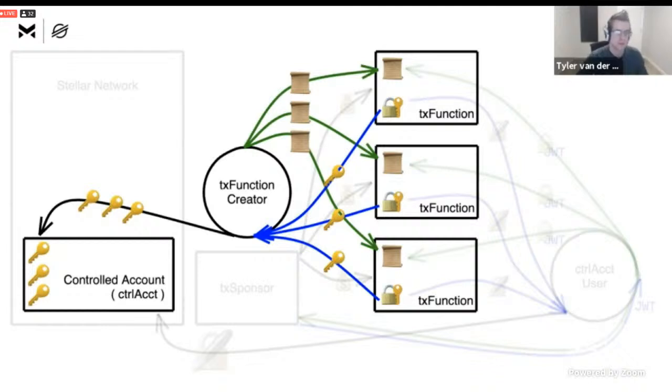I might set the threshold to a payment to 3, and then the weights of the keys that I'm adding from these Turing signing servers that I just uploaded the contract to, I'm going to add those with weights of 1 each. And so no single Turing signing server is a custodian of the controlled account, but together they all can sign for, in this case, a medium threshold transaction on the controlled account. But how do you actually get them to sign for a transaction? Well, it's through that contract that you just uploaded.